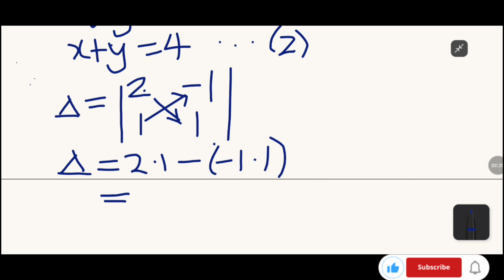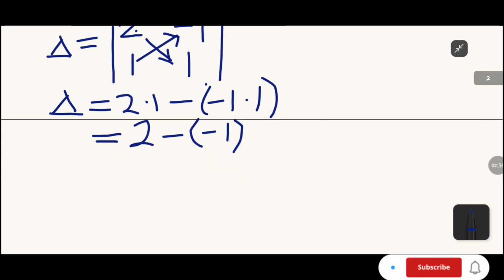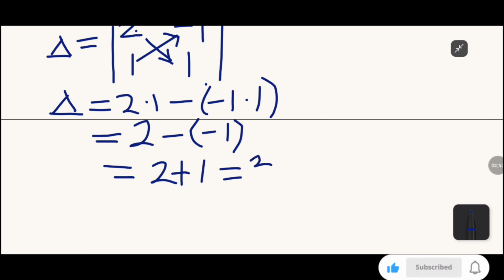So 2 times 1 is 2, minus 1 times 1, which is minus 1. So we have 2 plus 1, which is 3. So delta is 3.